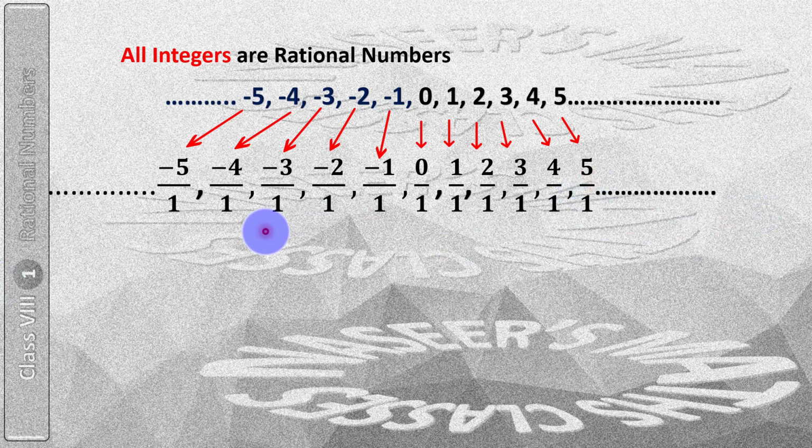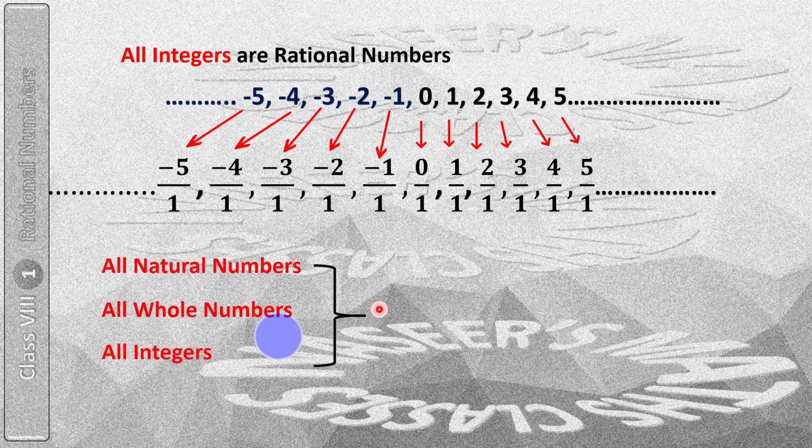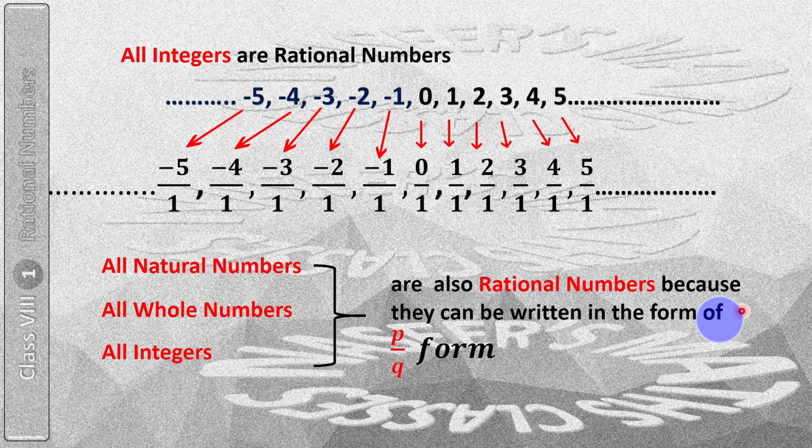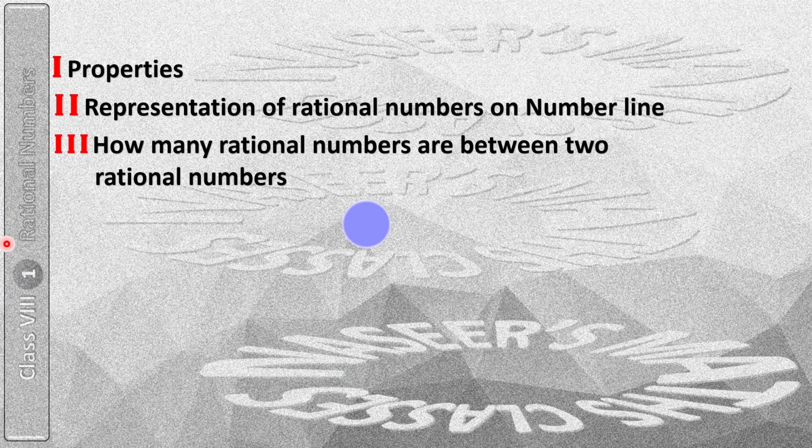So that's why all integers are also rational numbers. From this we can conclude that all natural numbers, all whole numbers and all integers are also rational numbers, because they can be written in the form of p by q, where q is not equal to 0. So in this chapter we learn three main concepts.